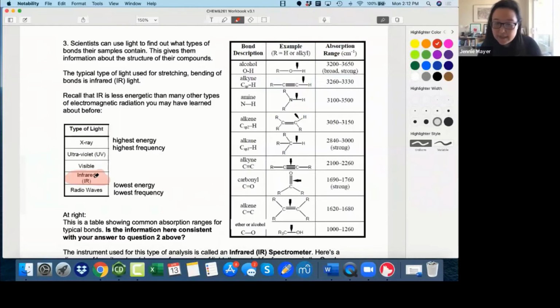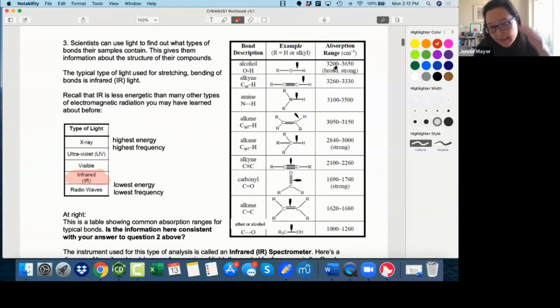So we have a laser with infrared light. And over here, these are some of the frequencies of that infrared light that we use. You can see for each region that we have different kinds of bonds that absorb that light. So if you are an alcohol molecule, you are going to probably absorb in this region here.